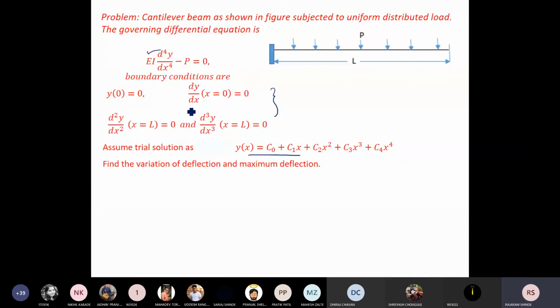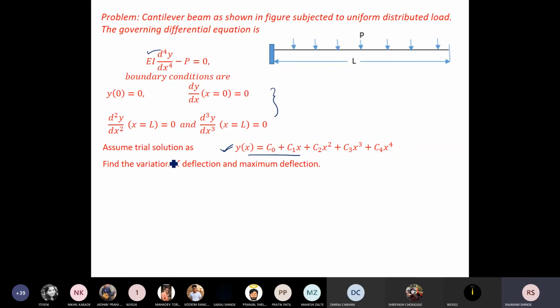Boundary conditions are also given to you, but in some problems you have to select the polynomial. You have to select the trial solution. While selecting the trial solution, you have to remember order of the polynomial should be equal to the order of the differential equation. Here we have fourth order differential equation, so I have taken fourth order polynomial.